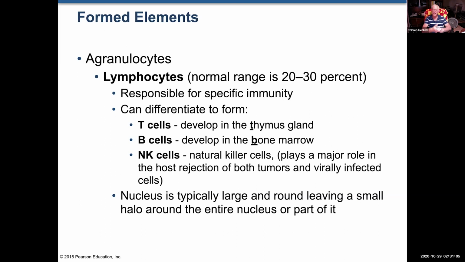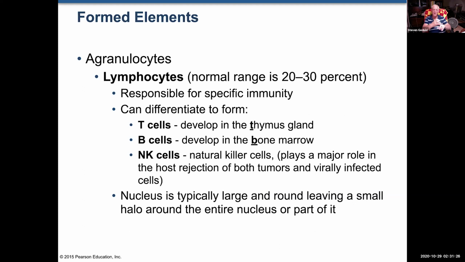NK cells have the ability to distinguish a cancer cell from a normal cell and kill it. Now, if we can figure out how it's doing it, we might have a cure for cancer.